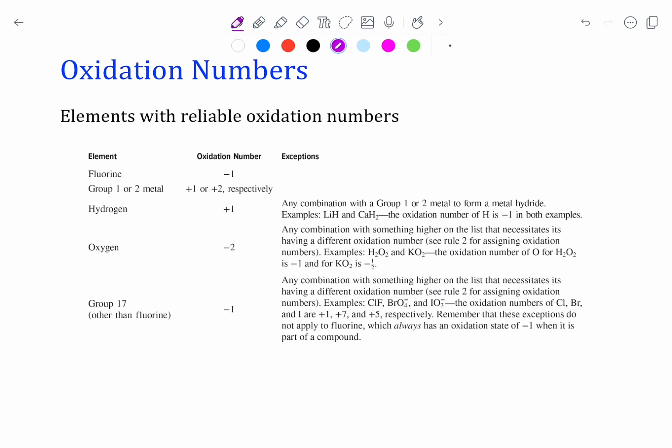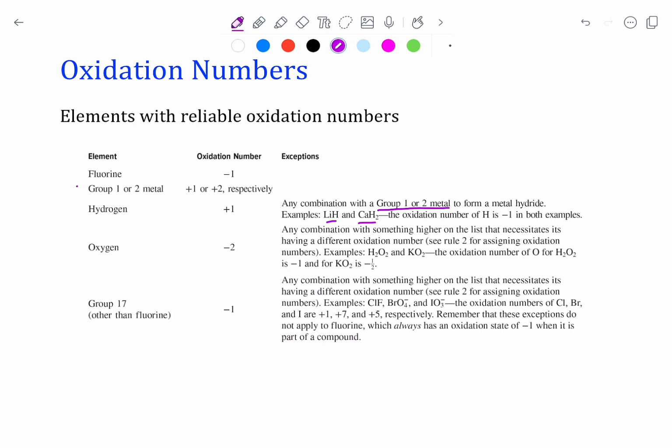Hydrogen will always have an oxidation number of +1. The only exception to that is if it's with a group 1 or group 2 metal and forms a metal hydride. So if we have LiH or CaH2, well then our group 1 and 2 metal oxidation number rule wins out.